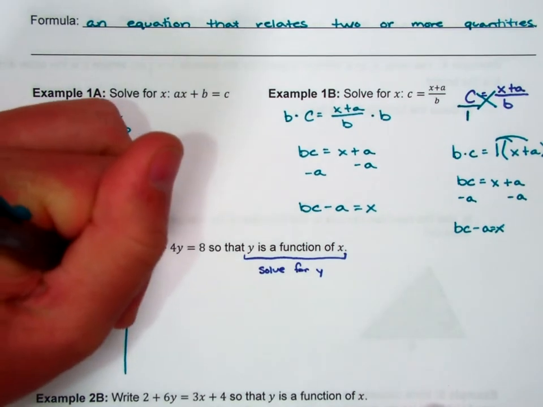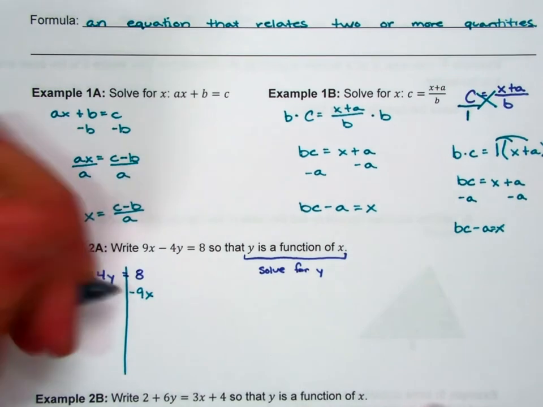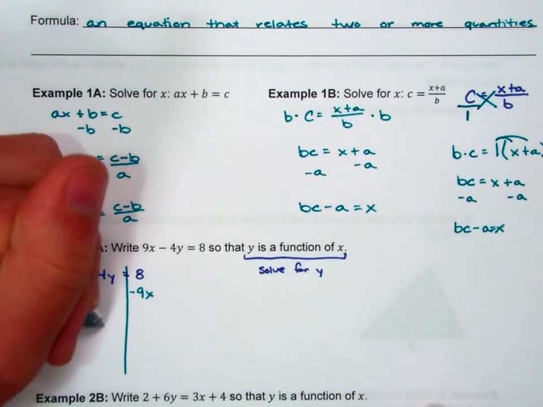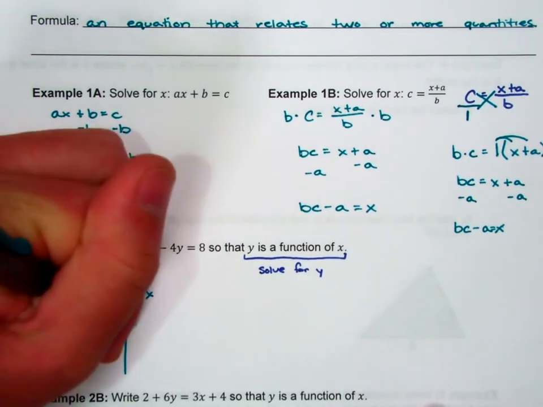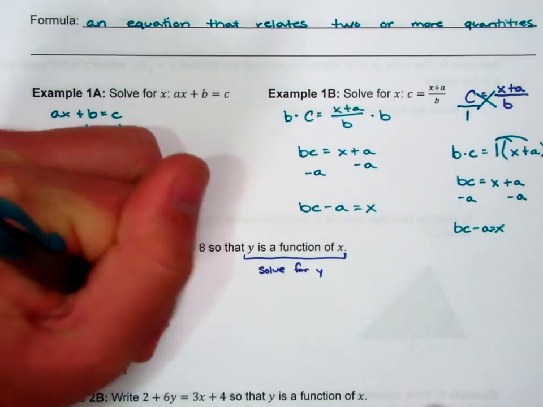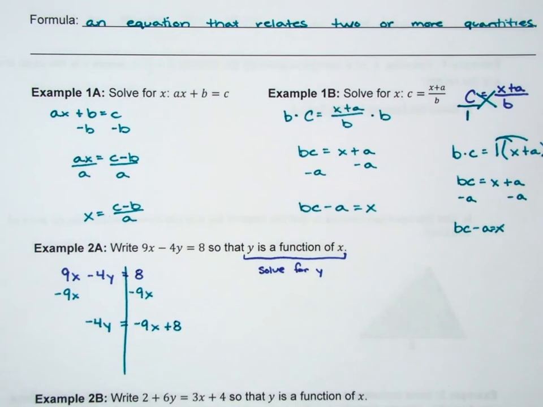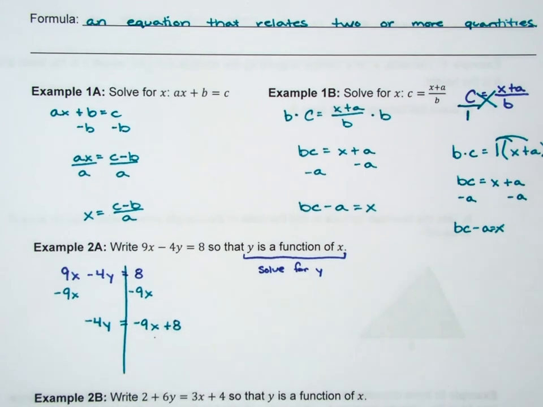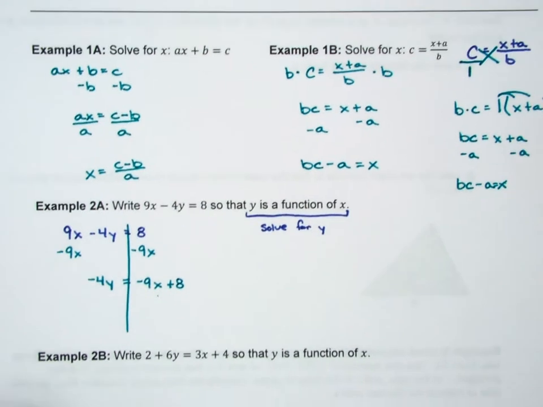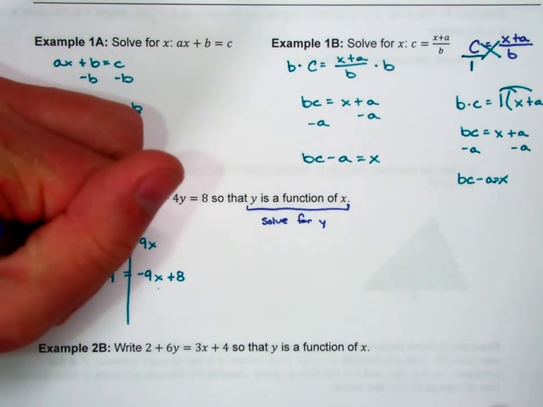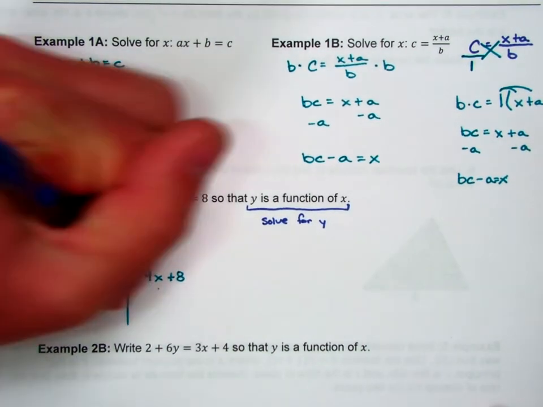So if we subtract 9x from both sides, that's going to leave us with negative 4y equals negative 9x plus 8. As we saw last year in pre-algebra, we always like to put our variable part first and our constant second. That's why I reordered this particular problem here. Now we need to undo the multiplication, and we can undo multiplication with division, so we're going to go ahead and divide each side by negative 4.